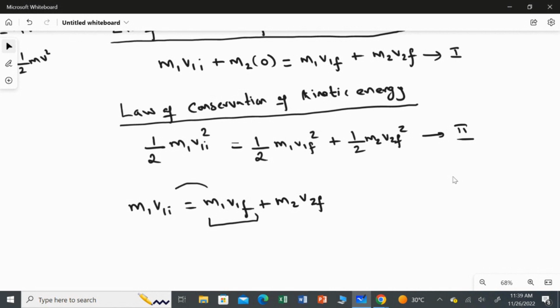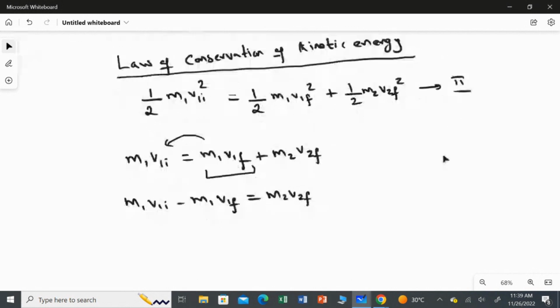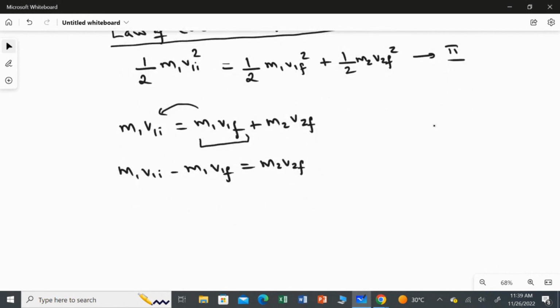If you move this term to this side, M1 V1I minus M1 V1 final is equal to M2 V2 final. Clear? Okay. In this equation, I'm going to take M1 as a common term. So M1 multiplied by V1 initial minus V1 final, which is equal to M2 V2 final. So this equation I am going to take as number 1.